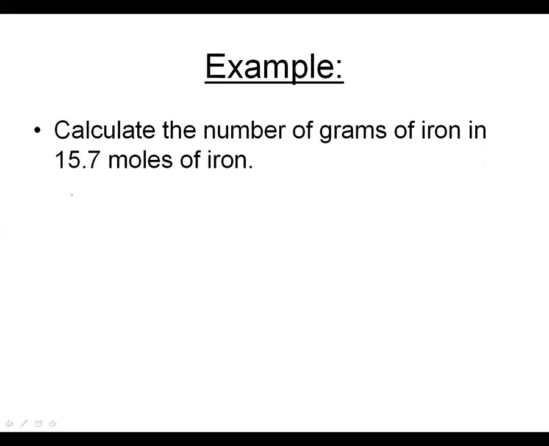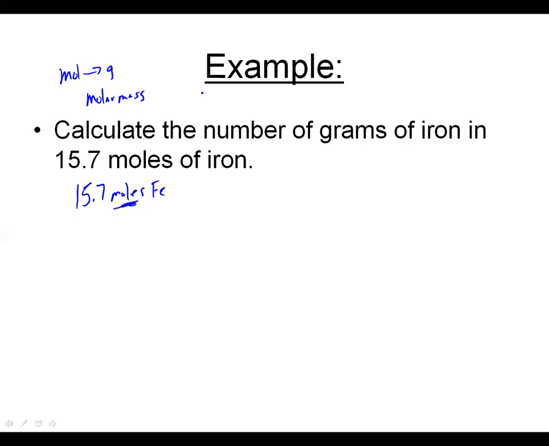Since we are starting with 15.7 moles of iron, the key here is we do not see anything in terms of atoms. We don't see anything in terms of molecules. So in this case, we don't need Avogadro's number. We're basically just going from moles to grams. So that is the molar mass that we need to do that.